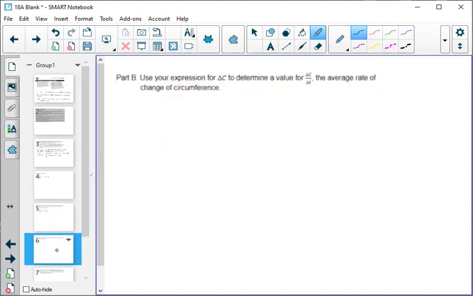Let's go to part B, which is there. Use your expression for delta C to determine a value for delta C over delta T, the average rate of change of circumference.